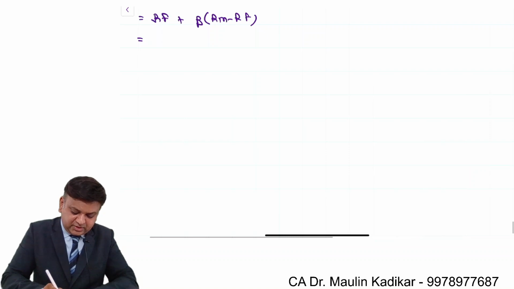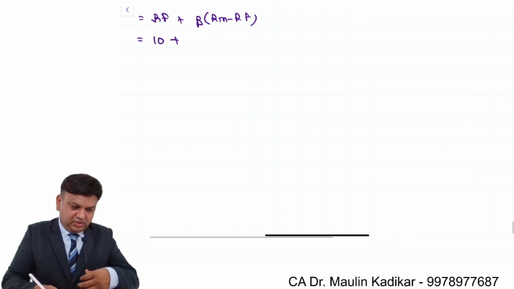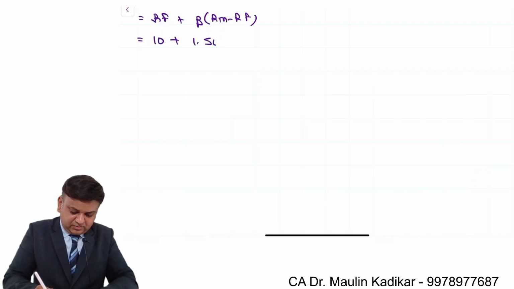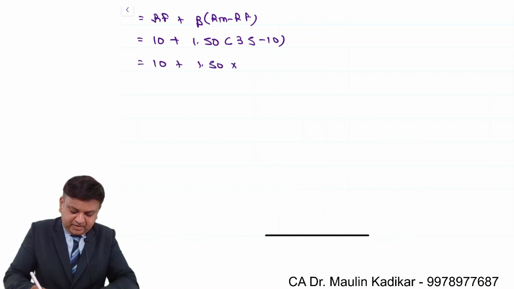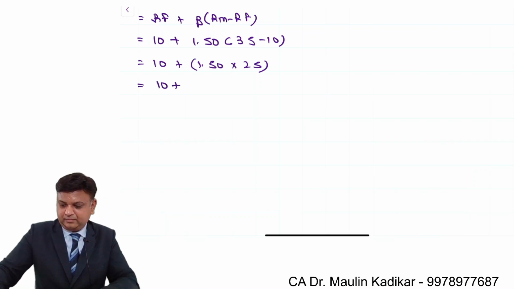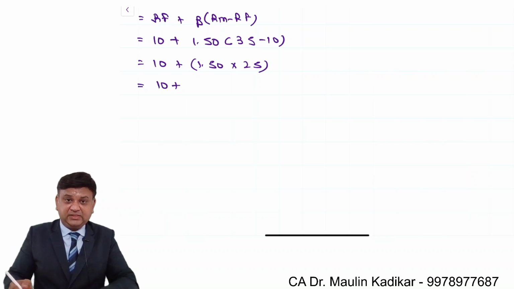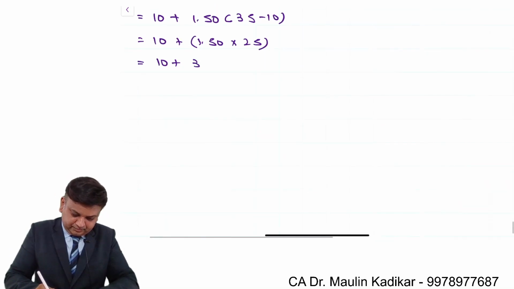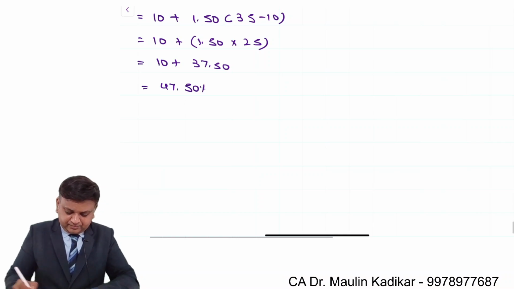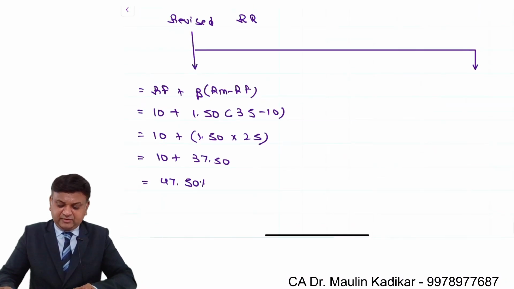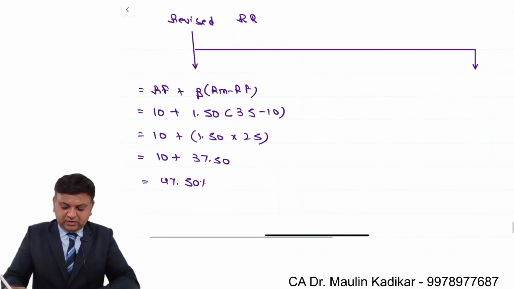The risk-free rate of return does not change, 10 percentage. Beta is 1.50. The return on market portfolio is 35. So 1.5 into 25 is 37.5, and the total is 47.5. This is the simple way to calculate the answer.